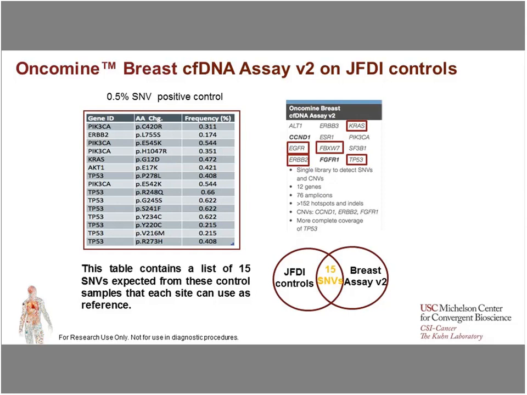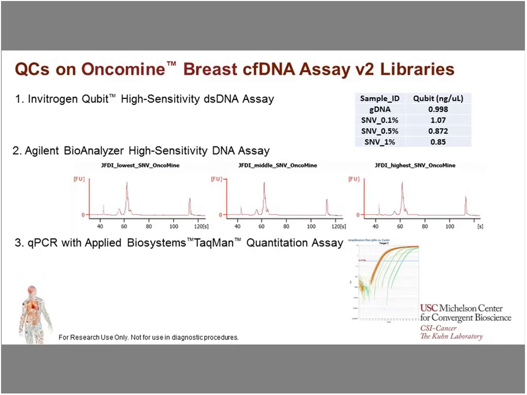Three routine quality control steps were strictly performed on each constructed library. I would strongly recommend fragment size profiling as step 2 shown here before templating the libraries onto Ion chip.